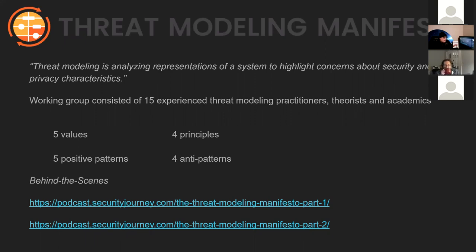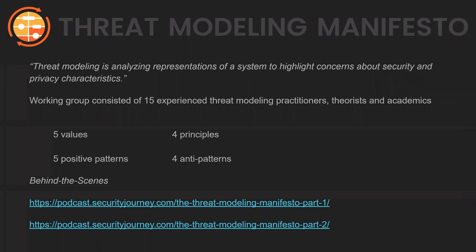And one of the, to me at least, initial good things that came out of the Threat Modeling Manifesto, for those who don't know, a manifesto is basically a public declaration of policy and aims. So you basically come forward and you say, there is this thing, and here is what we think it is, and here are the things that we think are important for it, the things that we think are less important for it, the things that we think need to happen for it to go forward.